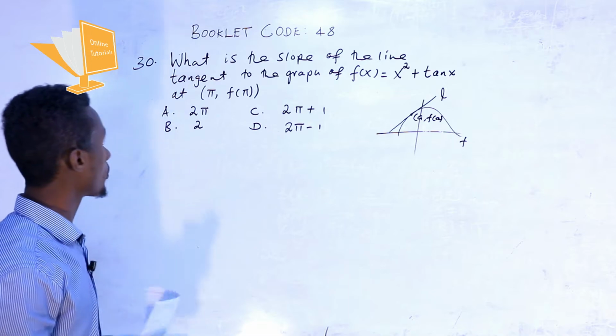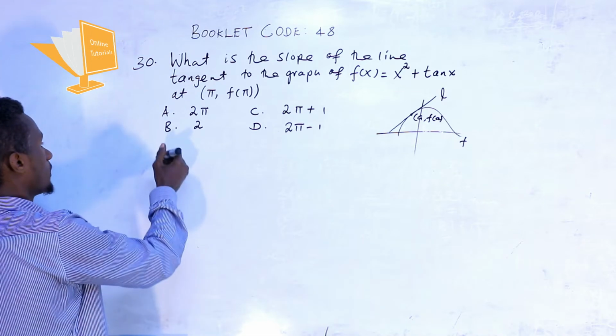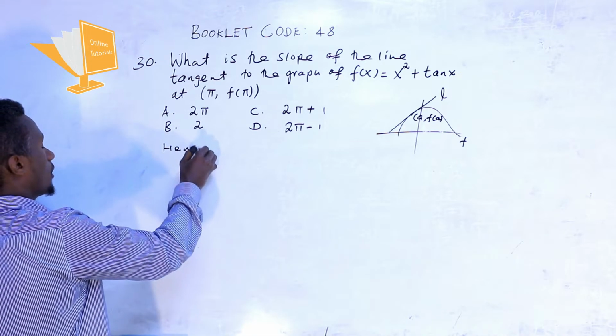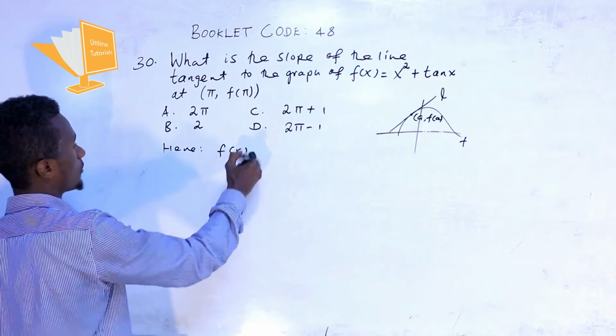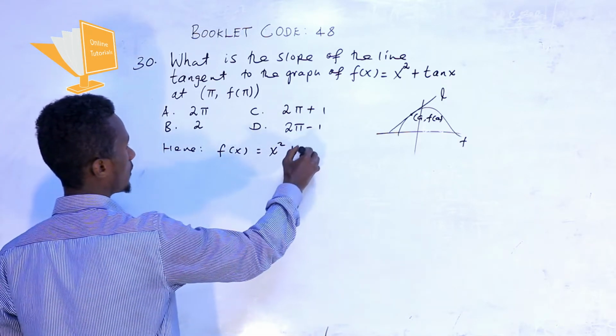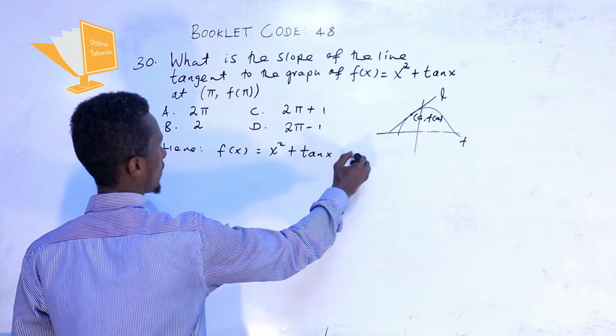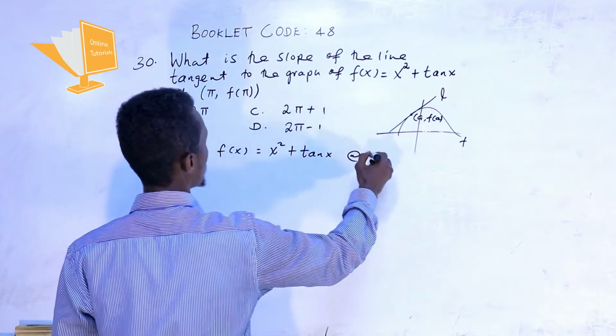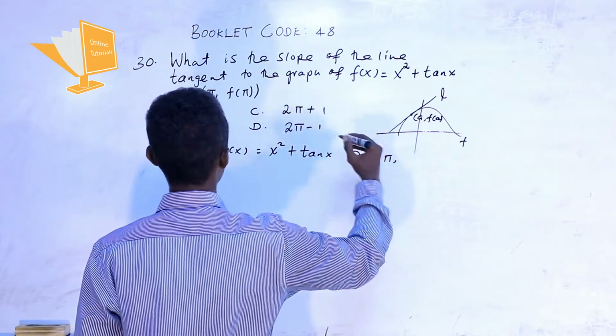We need to find the slope of this line. Here we have the function f of x equal to x squared plus tan x, and we need the tangent line at the point pi.